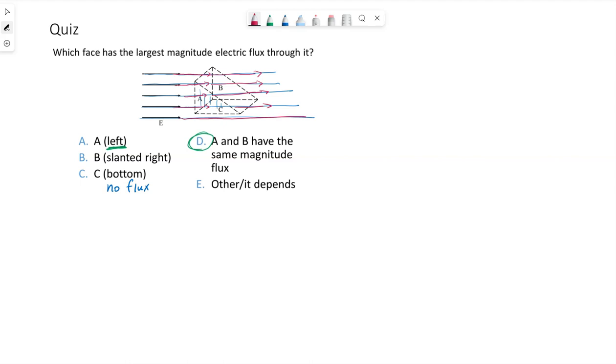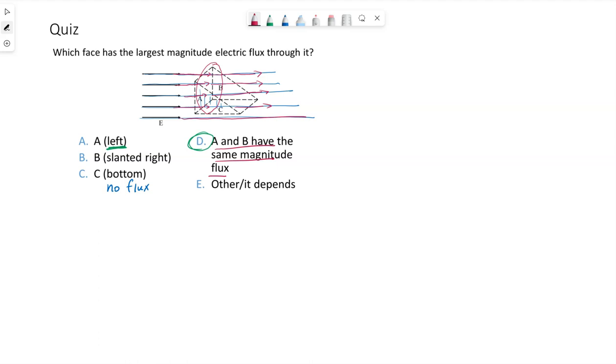Because we have this uniform electric field, all of these lines pass in A, but then as they continue, they also pass out of B. So A and B, both of those surfaces have the same number of field lines passing through. And this is why they have the same magnitude of flux. They have the same amount of field passing through.